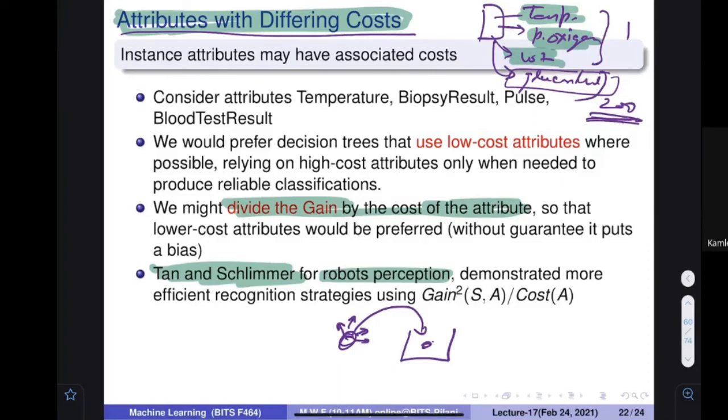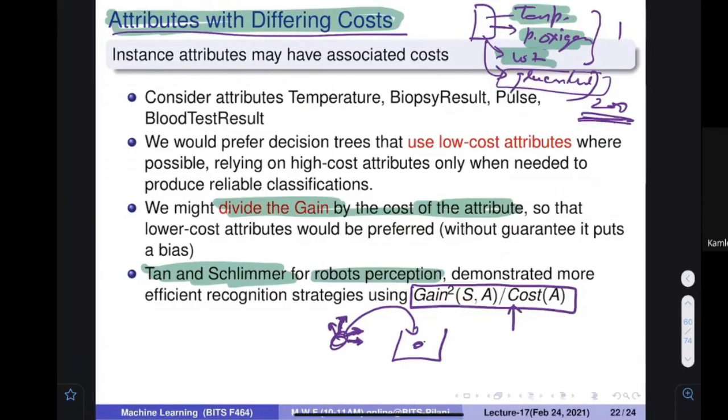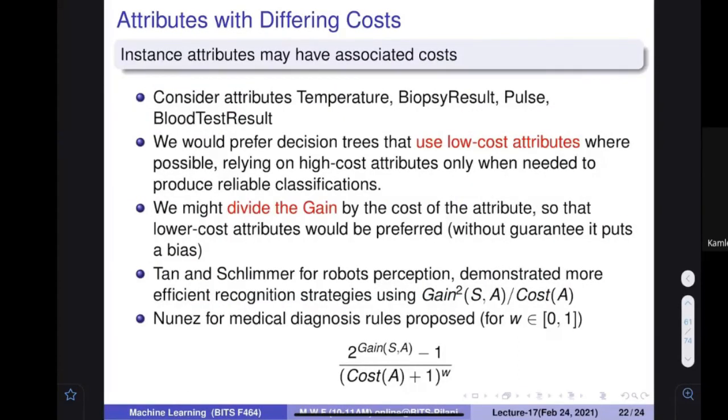Different sensors have different costs, because a fast camera may have a larger cost as compared to a smaller camera or any other thing. So what particular sensor should be given more weightage? What they used is the information gain squared divided by the cost of that particular sensor. They said that if I use this value, it is going to give me a better result.